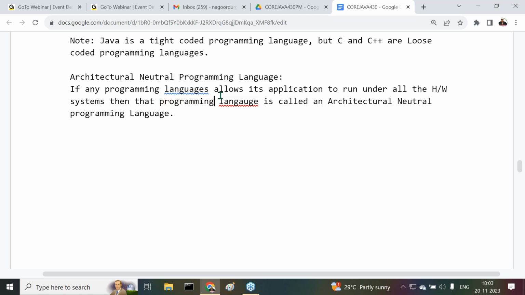Architectural neutral programming language: if any programming language allows its applications to run under all the hardware systems, then that programming language is called an architectural neutral programming language.